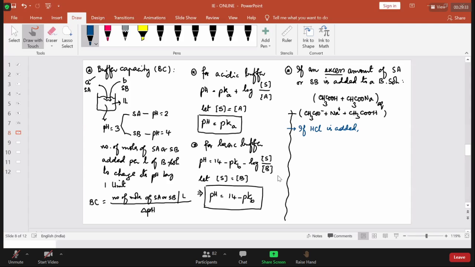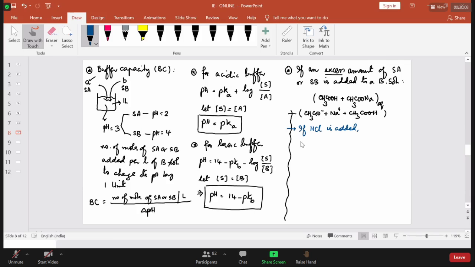Once an excess amount of HCl goes inside the container where the buffer solution is enjoying its life, along with the salt, HCl goes inside. When HCl is seen by the acetic acid molecule, her face changes. She says, no, no, no, I don't like you because I am also an acid, you are also an acid. What about sodium acetate? Sodium acetate is the salt of a weak acid and a strong base. Therefore, it is basic in nature. She says, welcome HCl, please come to my house. And there is a reaction between these two.